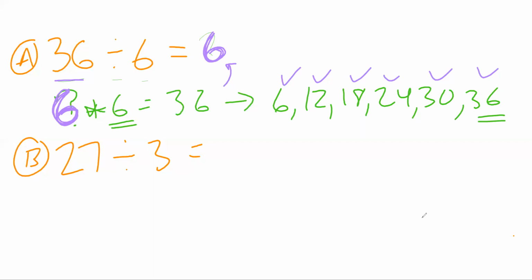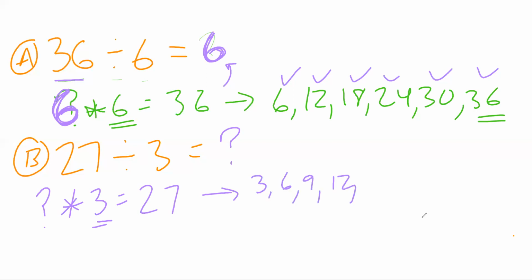All right, let's try this second one. 27 divided by 3 equals something, or something times 3, again using the inverse operation, equals 27. So we're using our groups of 3 until we get to 27. So 3, 6, 9, 12, 15, 18, 21, 24, 27.